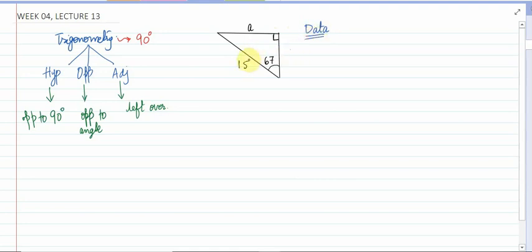So the side 15 is opposite to 90 degrees. So we say that 15 is our hypotenuse and the side A is opposite to the given angle. So opposite is equals to A, and angle we know is 67 degrees, right?